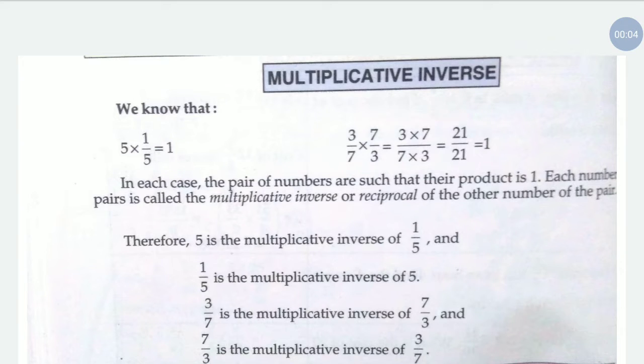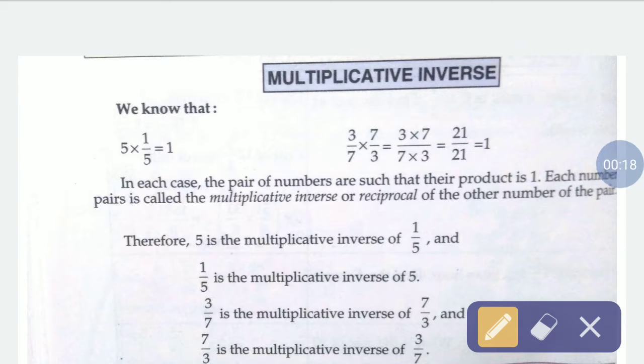Today we will see the multiplicative inverse. Here it is given that 5 is multiplied by 1 by 5. If 5 is multiplied by 1 by 5, then what will happen?